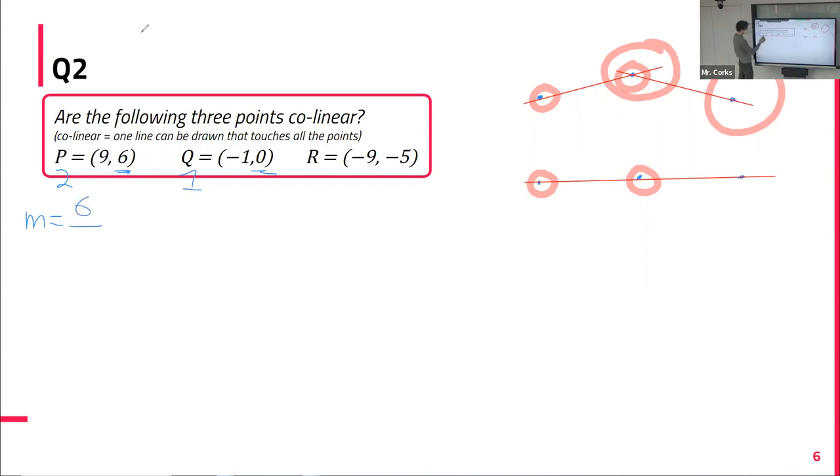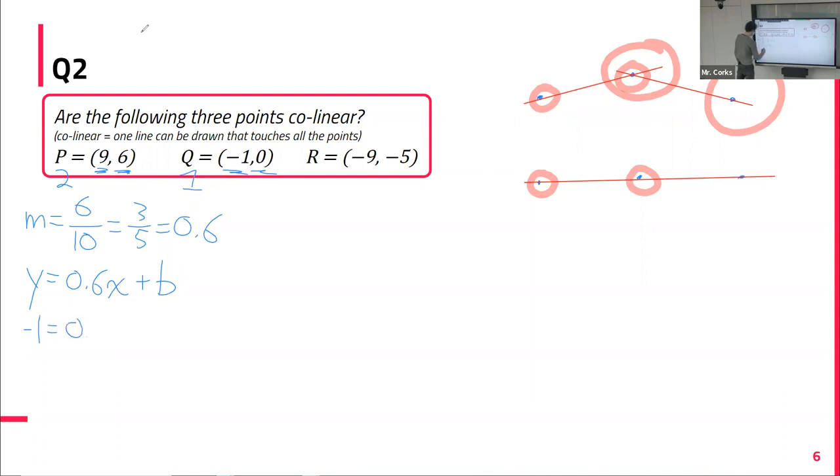And our delta x, 9 minus -1, so that's 10. So 3/5 or 0.6. Okay. And then our equation, y equals 0.6x plus b. Substitute in point Q. That looks very easy to work with.